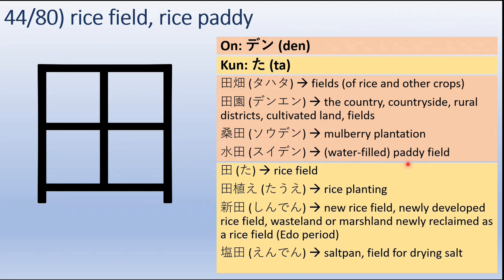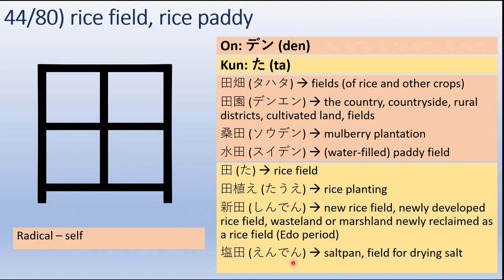In kun'yomi, we have ta as rice field. Then we have taue, which means rice planting. Then we have shinden, which means new rice field or newly developed rice field, wasteland or marshland newly reclaimed as a rice field in the Edo period. Then we have enden, which means salt pan or field for drying salt.